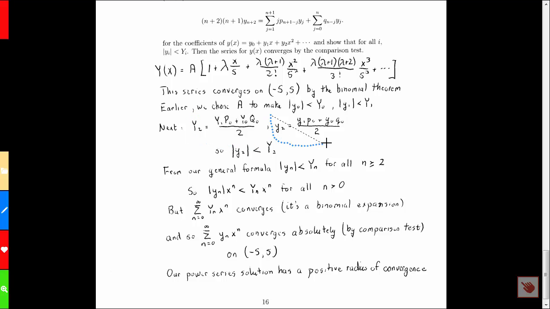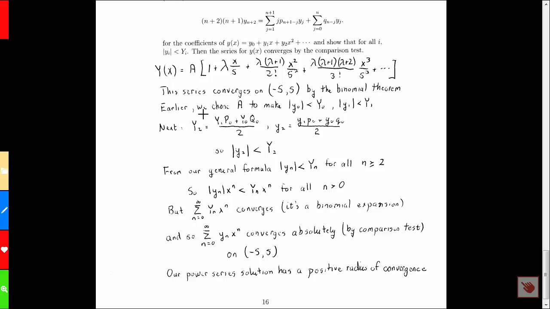We have the same formula for little y2 in terms of little y for 0 and 1, P0, and Q0. This is less in absolute value than that. This less than that. This less than that. This less than that. And it follows that little y2 is less in absolute value than the positive quantity capital Y2.